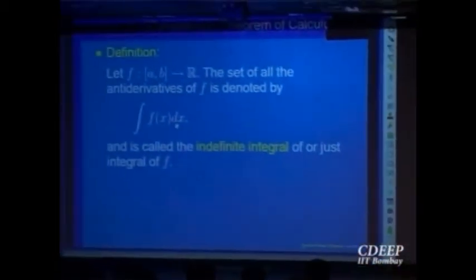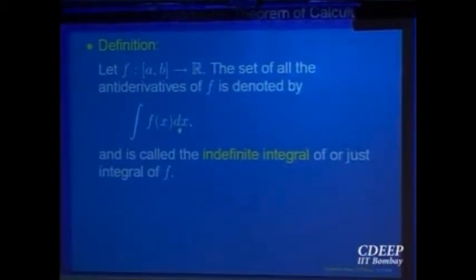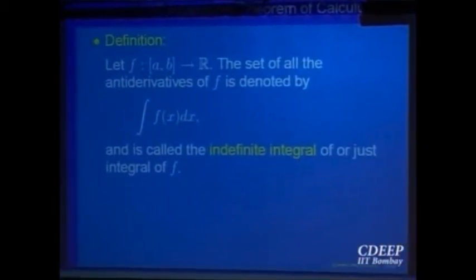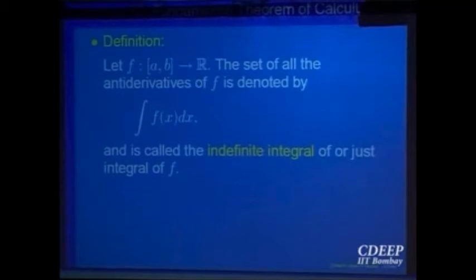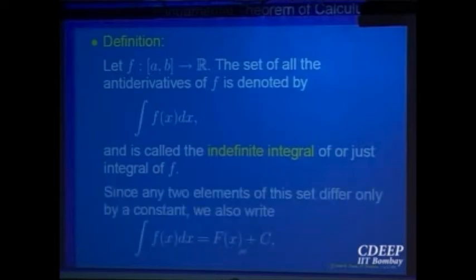So that set is denoted, without putting any limits, by this sign, integral f(x) dx, called the indefinite integral of the function. It is a set, a collection of all possible antiderivatives for the function small f. Now any two of them are going to differ by a constant.